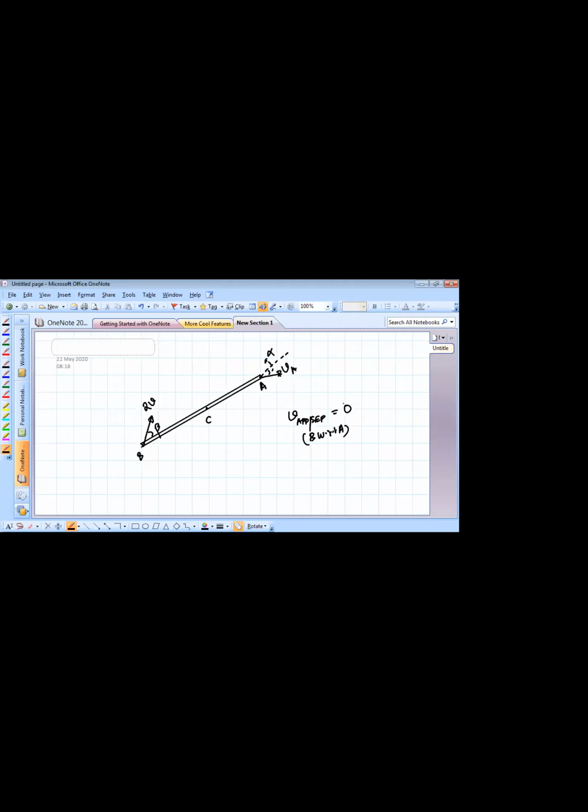Yes, sir. So I'm asking, will the rod rotate about the center of mass, that point C, or will it rotate about an ICOR? Hope you guys are able to hear me. Yes, sir. We are able to hear you. Prayush, for whatever reason, I'm not getting the audio from you. So anyway, let's just continue.